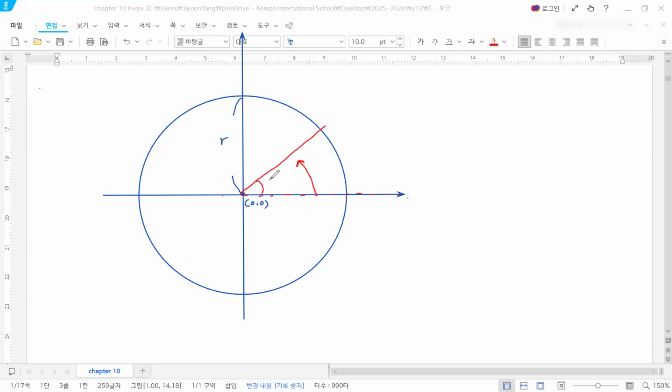Then we define this angle as theta. If the angle is measured anti-clockwise, we can call it a positive angle. If we draw this line from here clockwise, we call this theta a negative angle.